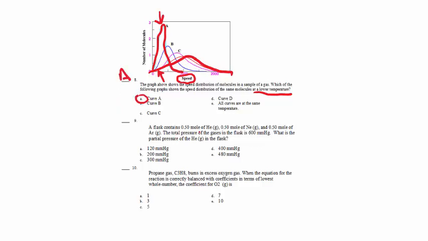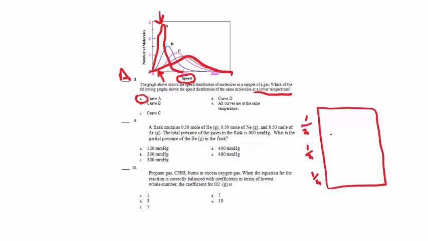A flask has 1/2 a mole of helium, 1/2 a mole of neon, and 1/2 a mole of argon. Total pressure is 600 millimeters. What is the partial pressure of helium in the flask? Okay, so you have a flask with 1/2 a mole, 1/2 a mole, and 1/2 a mole. Now, it turns out the particles themselves are what are causing the pressure.